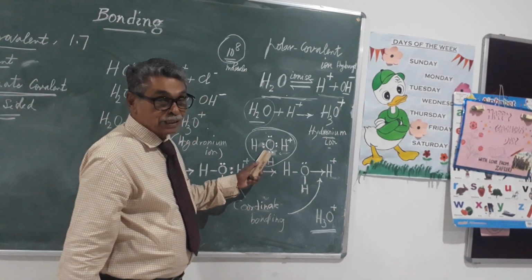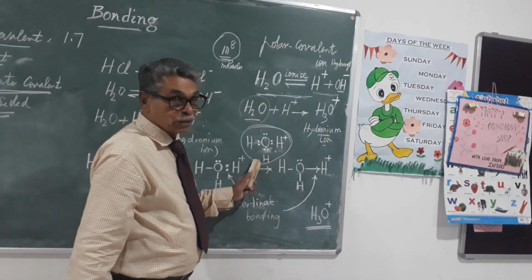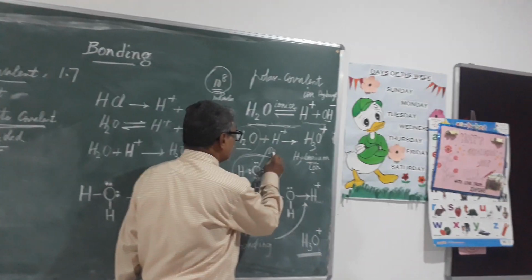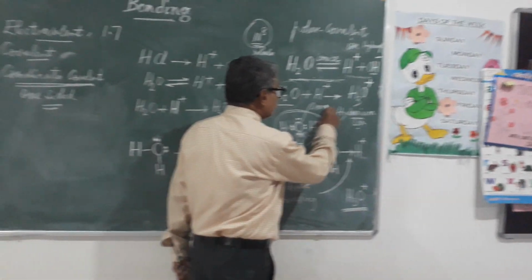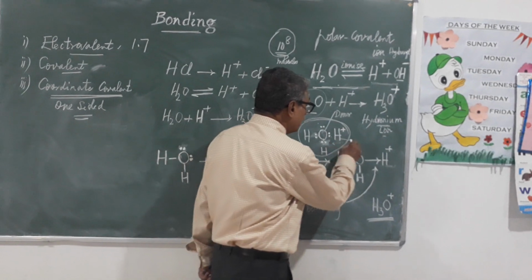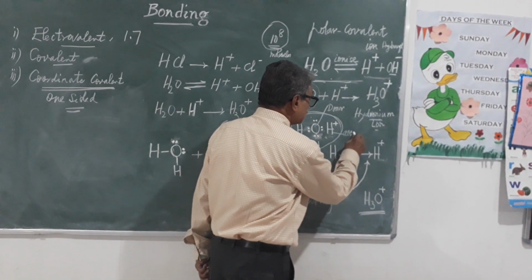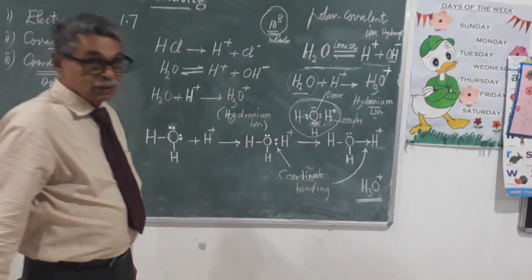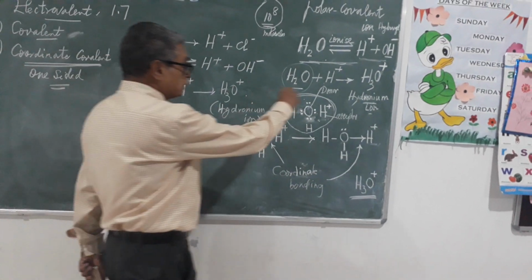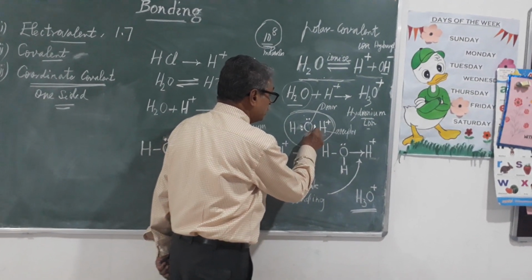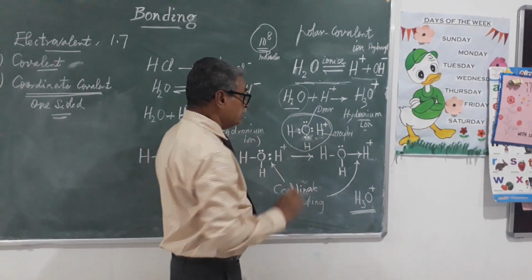So oxygen supplies the electrons, hydrogen accepts the electrons. This oxygen is called the donor, and this hydrogen is called the acceptor. Donor and acceptor. So in H3O plus, you find a bond here formed without sharing.